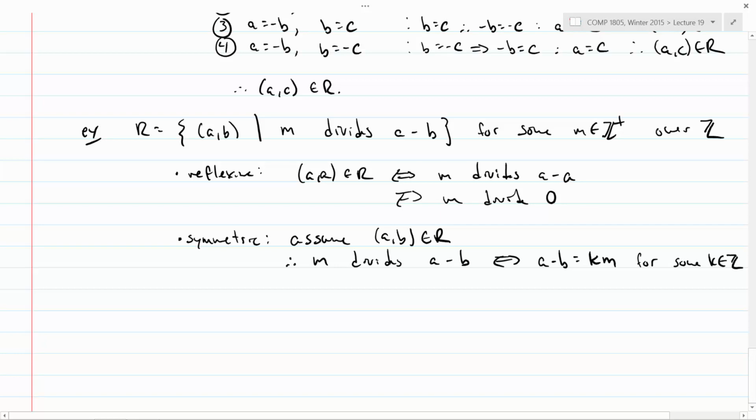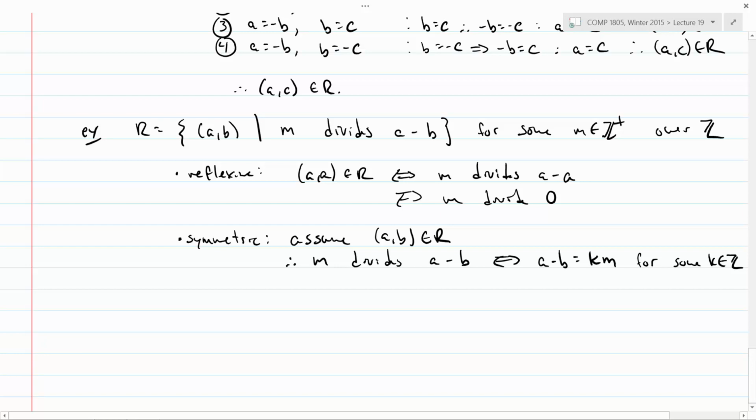That's what it means for m to divide a minus b. It means if you take an integer number of m's, you get a minus b. So a minus b equals km.